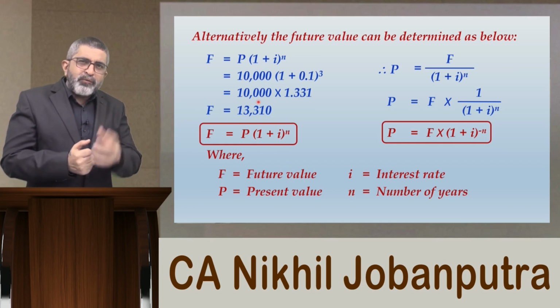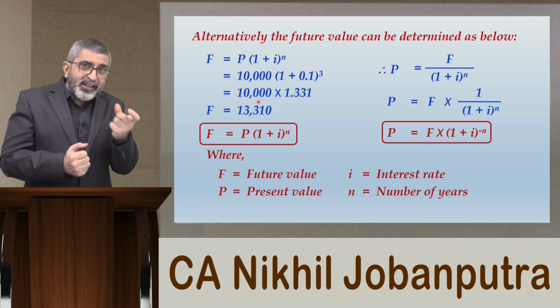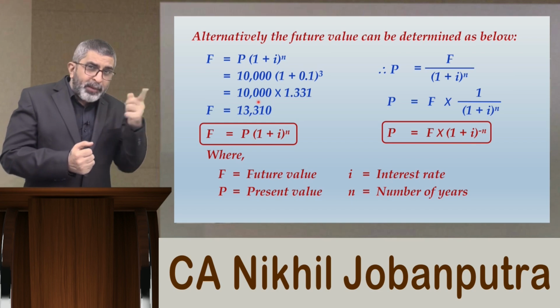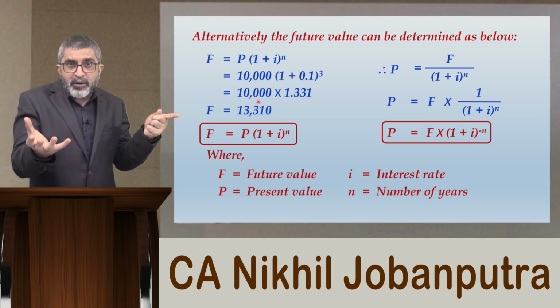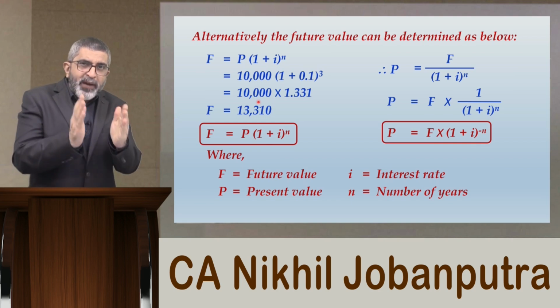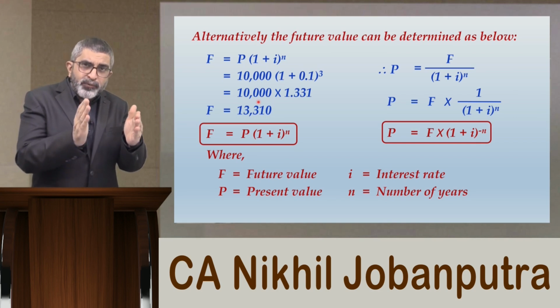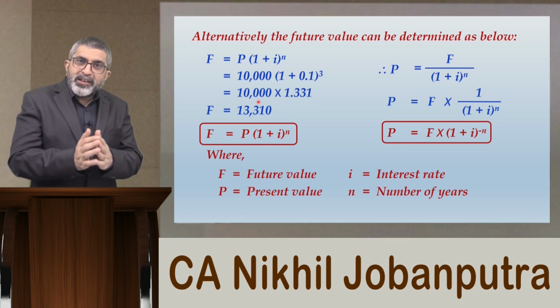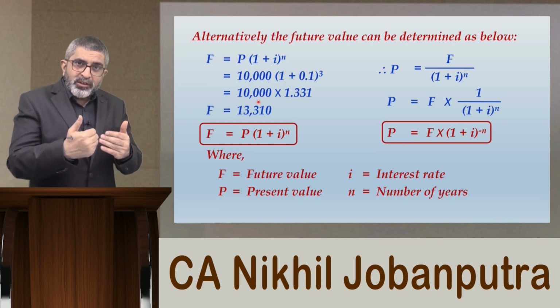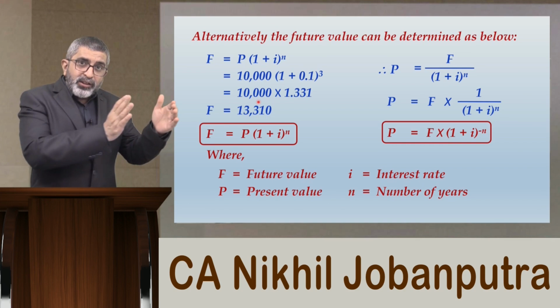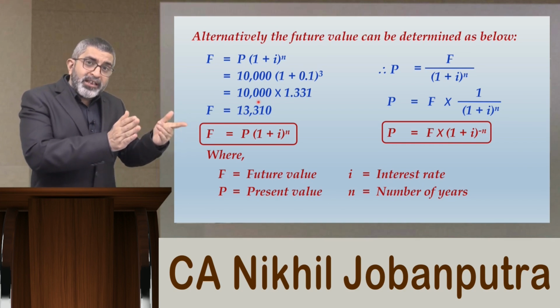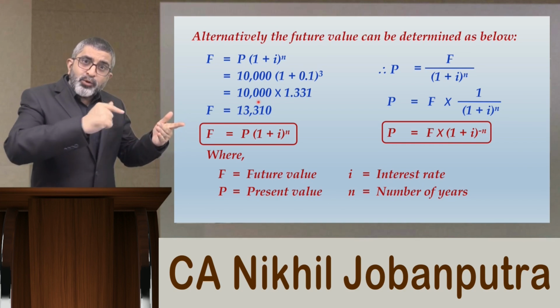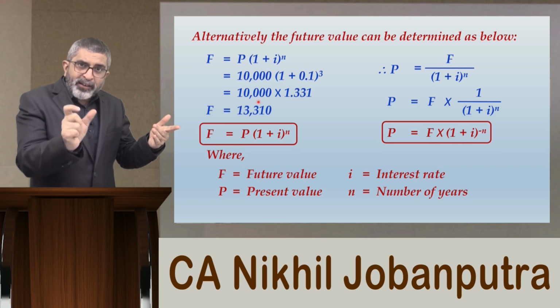You know what you will do? Which was the factor that helped you land up at the future value from that present value of $10,000? It was that factor which we call the future value factor, that was 1.331. So now if you take an inverse calculation, you take the future value, that is $13,310, and you divide it by the future value factor.